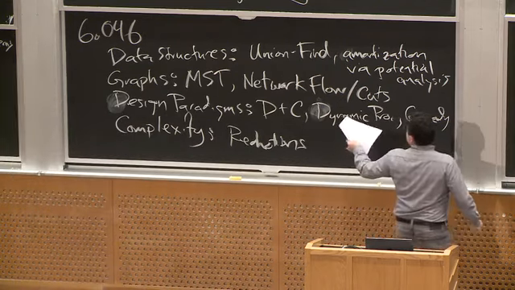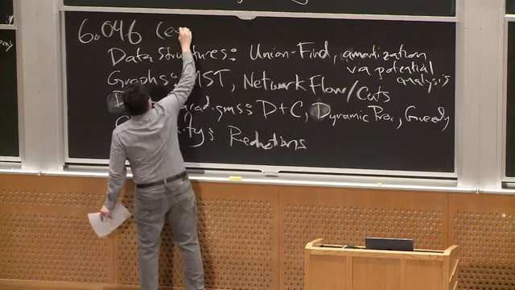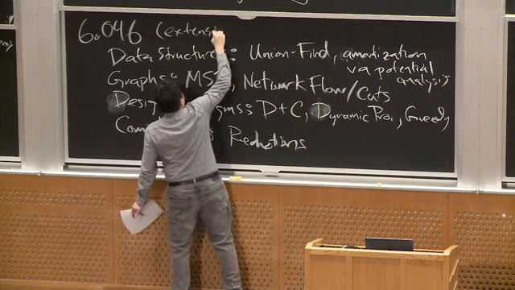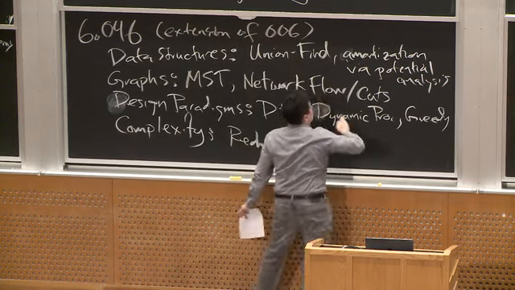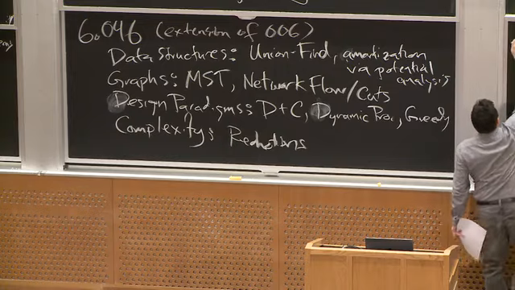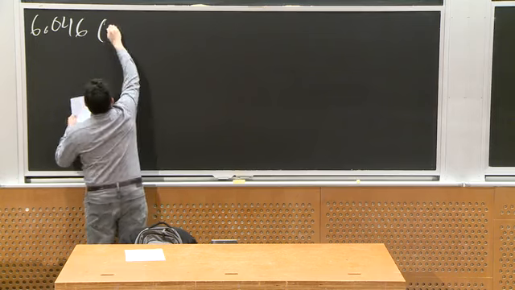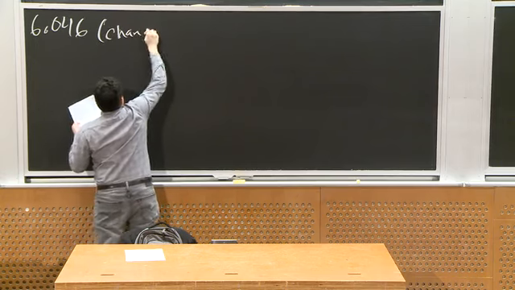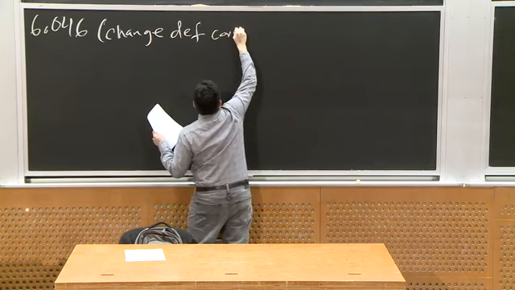So 006, this is kind of an extension of 006. And this is kind of like 6046 as, you know, changing my definition of what it means to be correct or efficient.